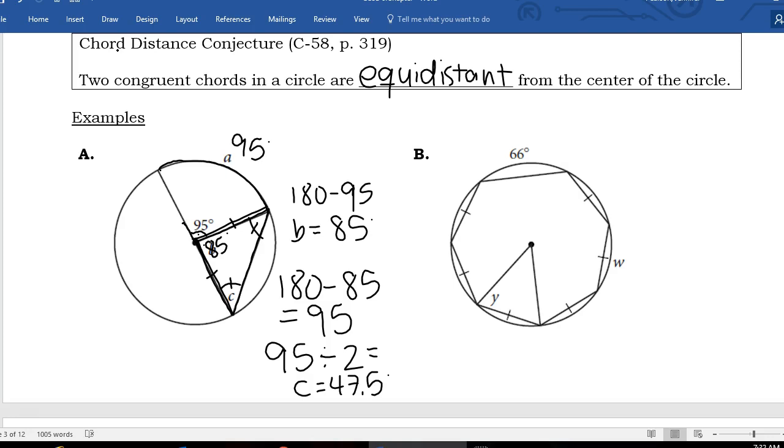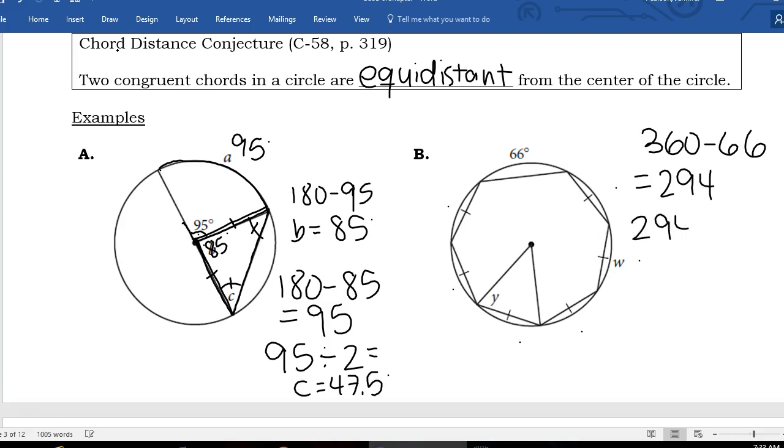Example B, I see a 66-degree arc near the top and I see 1, 2, 3, 4, 5, 6 congruent arcs going around. I know that a full circle has to add up to 360 degrees. So if I do 360 degrees minus the 66-degree arc I have at the top, that leaves me with 294 degrees to split between those 6 equal angles.